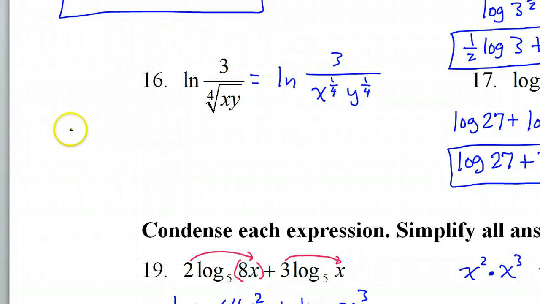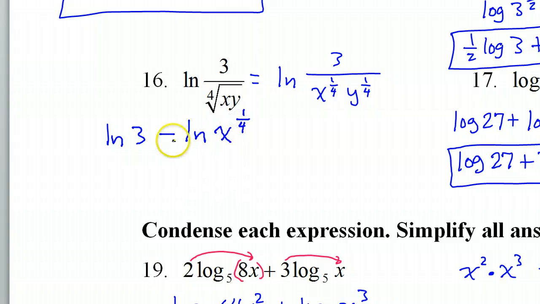So that's why I will have the natural log of 3, positive term, numerator, minus natural log of x to the 1/4 power, minus because it's in the denominator, and minus natural log of y to the 1/4 power. Numerator, denominator, denominator: positive, negative, negative.